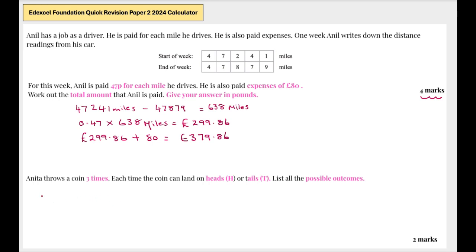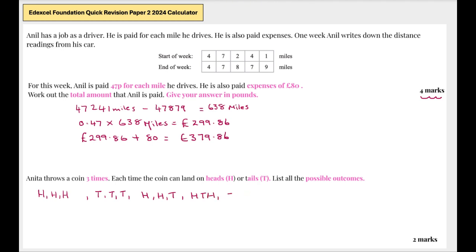So we could get a heads, a heads, a heads, because it could land on heads 3 times. We could have tails, tails, tails. Another one could be heads, heads, tails. Another one could be heads, tails, heads.